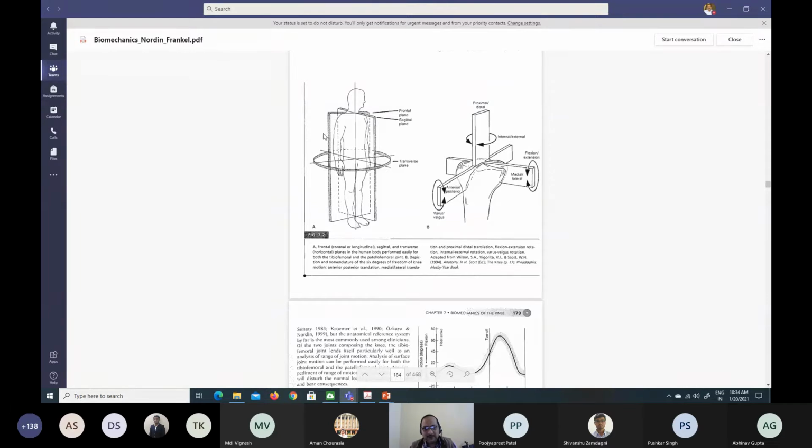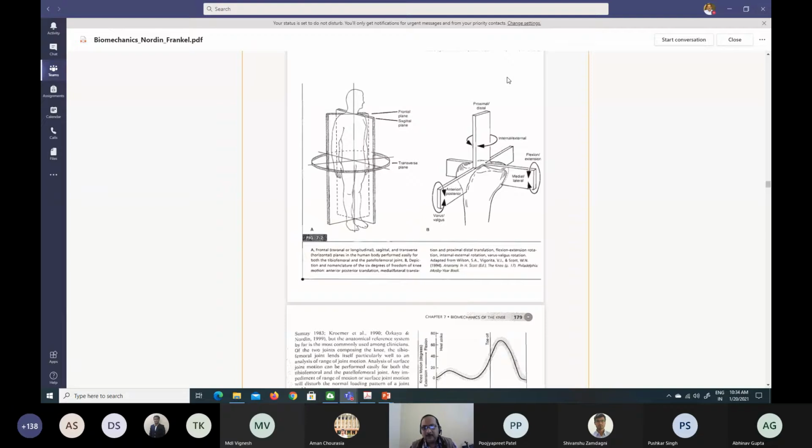You can see the frontal plane, so this is marked here. It's no problem. The other plane is the sagittal plane, which is normal to this frontal plane. We mostly describe motions in these two.